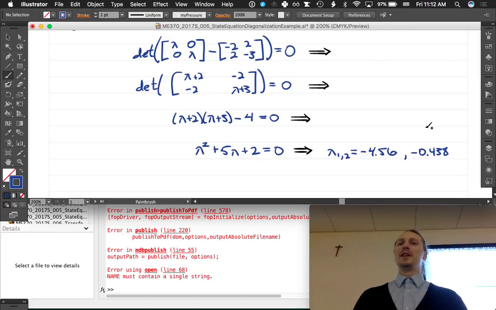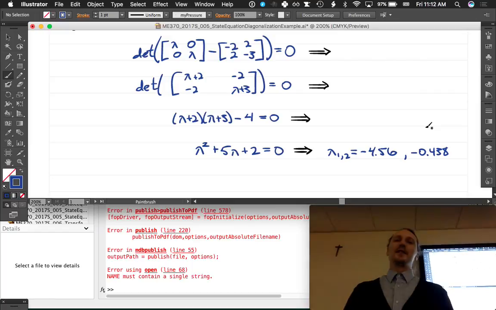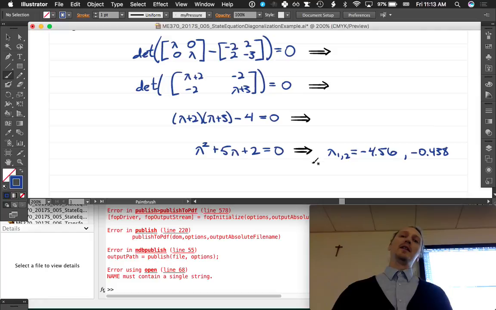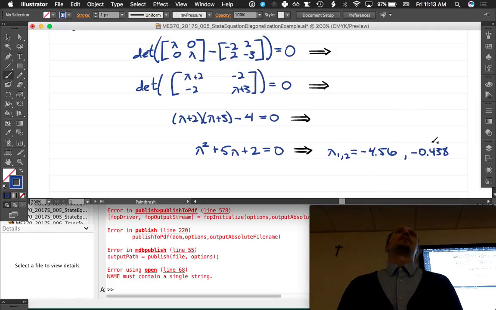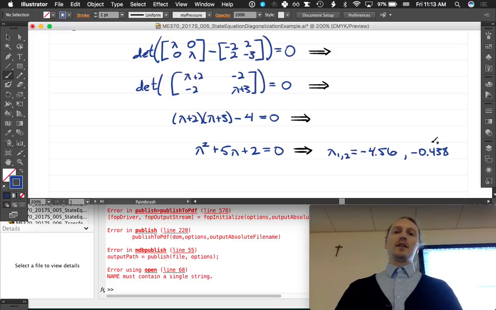So let's do it in this order just to make sure that we come out consistent. The order doesn't really matter that much. So I'm calling lambda 1 negative 4.56 and lambda 2 negative 0.438. Okay, and those are our eigenvalues, so that part's done.